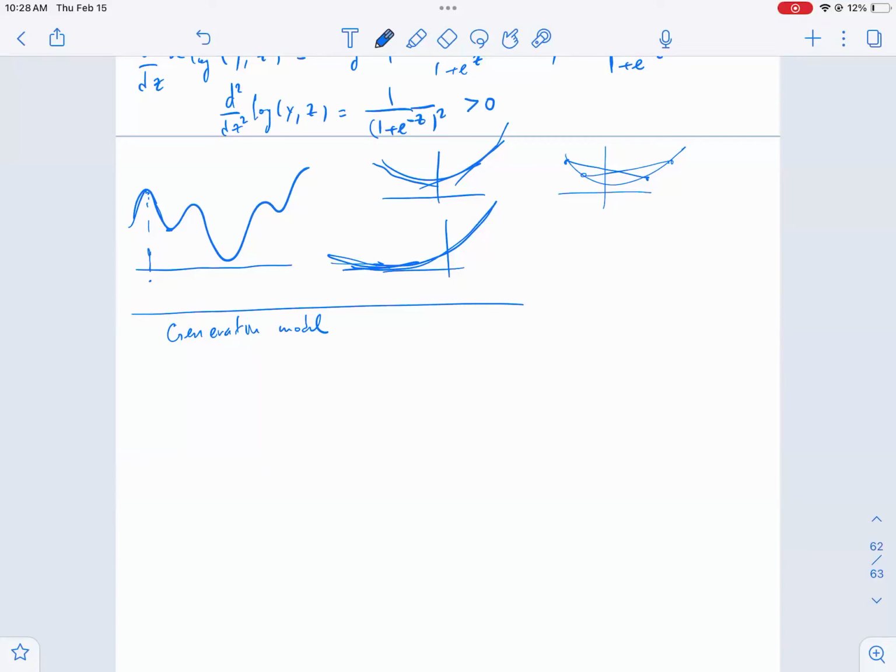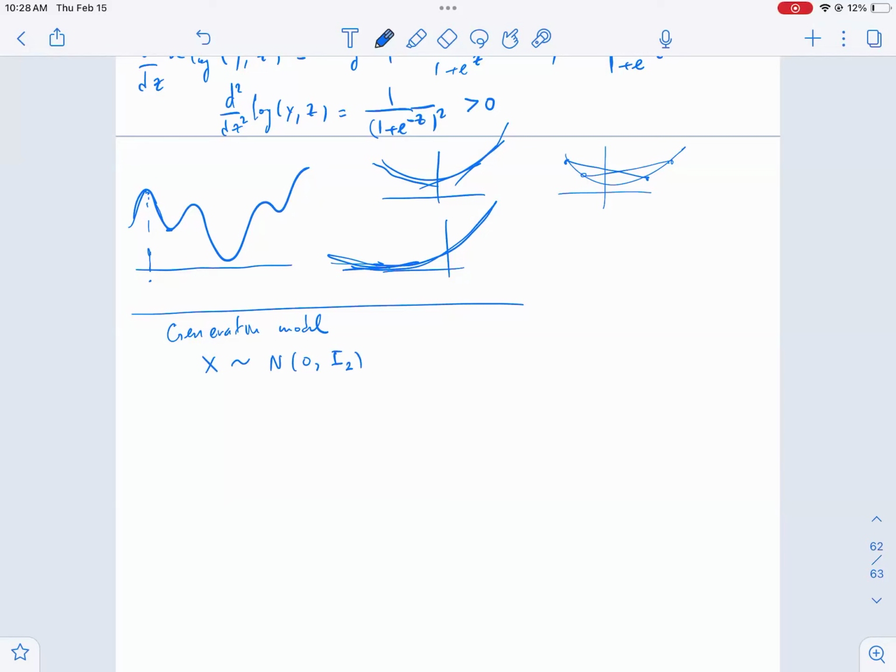For example, suppose I generate X from a normal with mean 0 and some covariance matrix. Say we're in 2 dimensions.